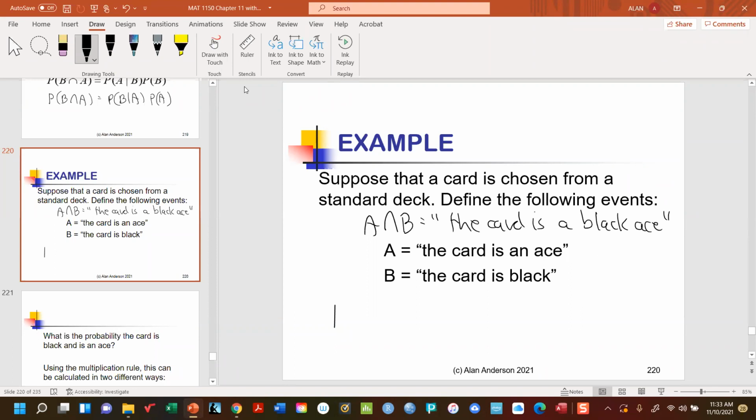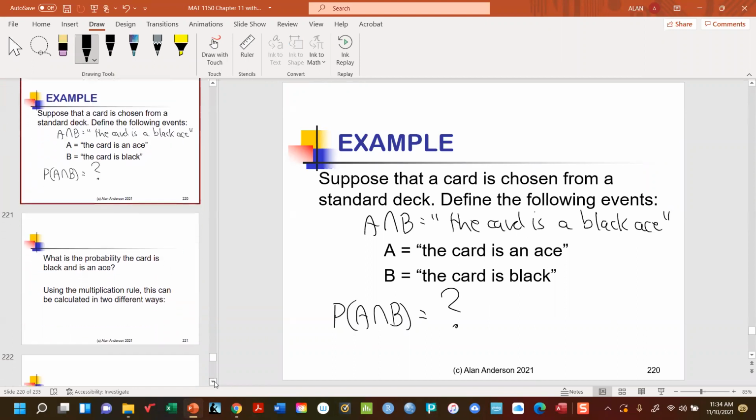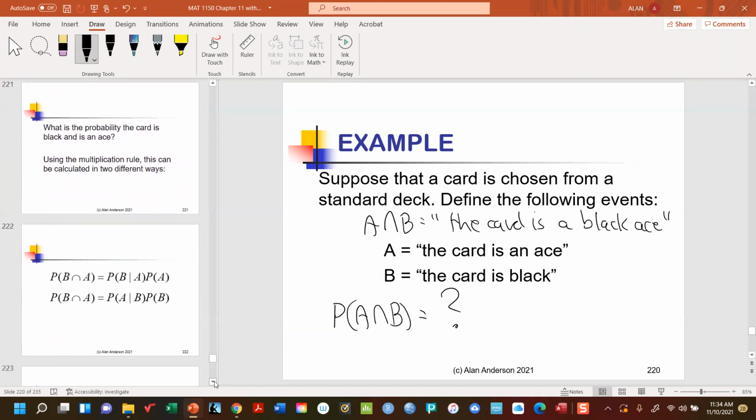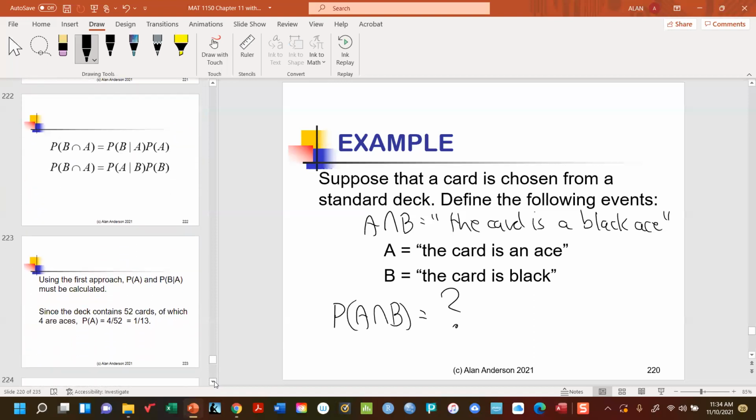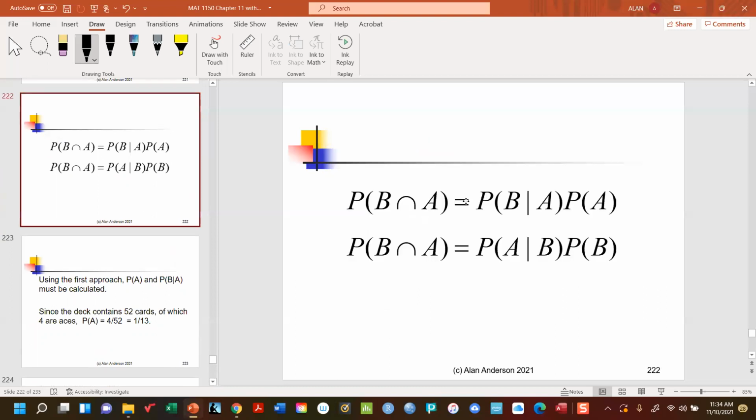So how do you calculate this probability? Well, we need the multiplication rule, and we can use both definitions of the multiplication rule to do this. Let's say we decide to use this approach.